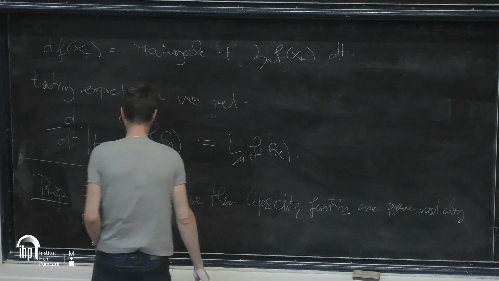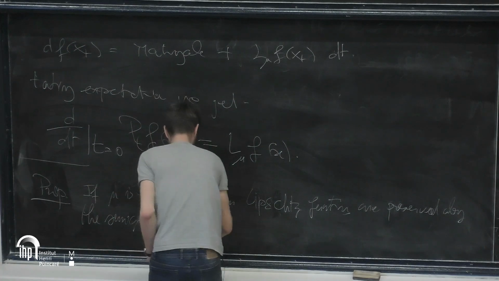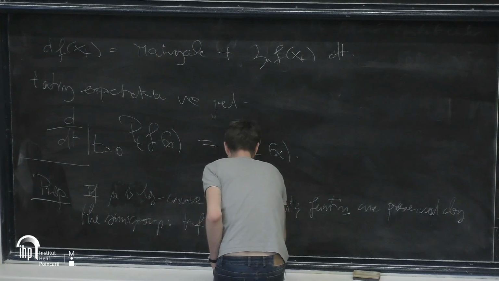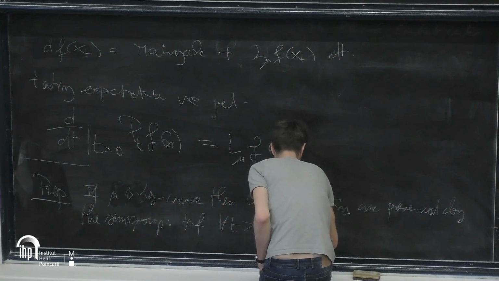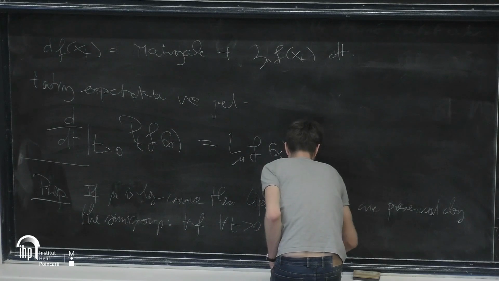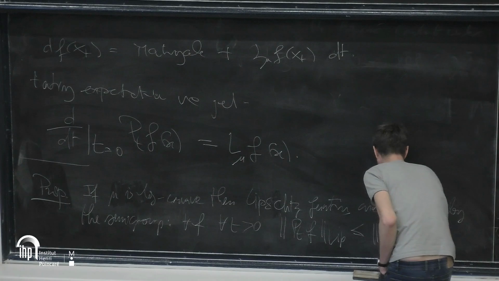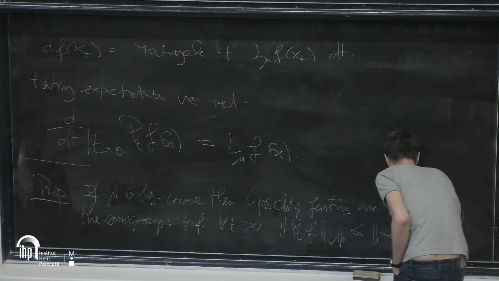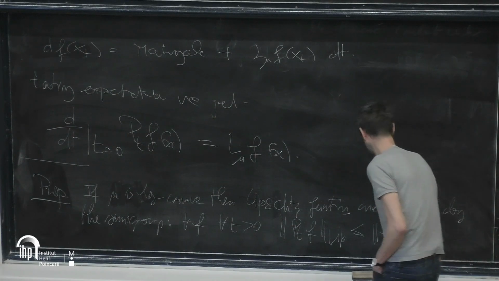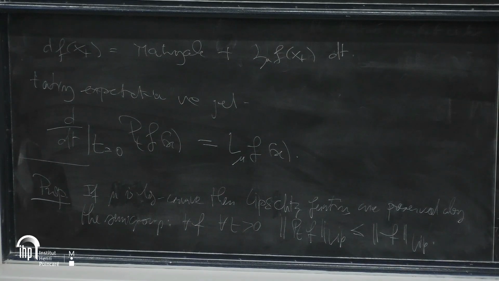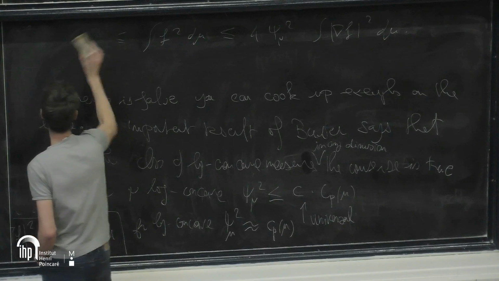So here, what I mean is that for every Lipschitz f and for every time t, the Lipschitz constant of Ptf is less than the Lipschitz constant of f.